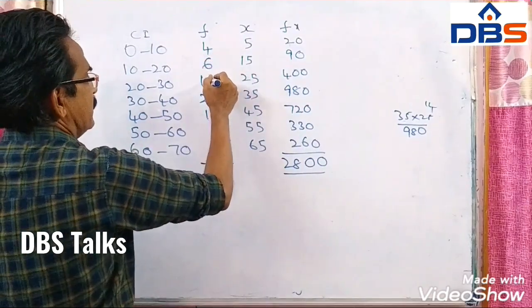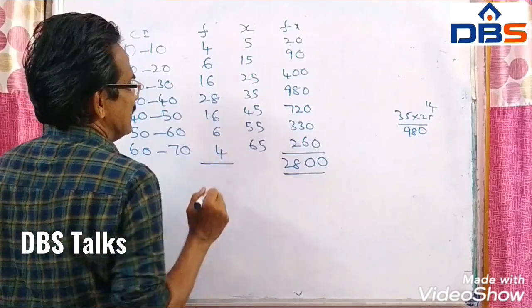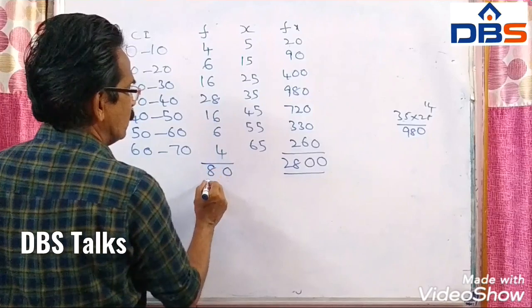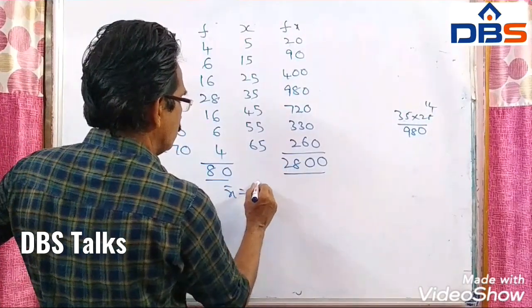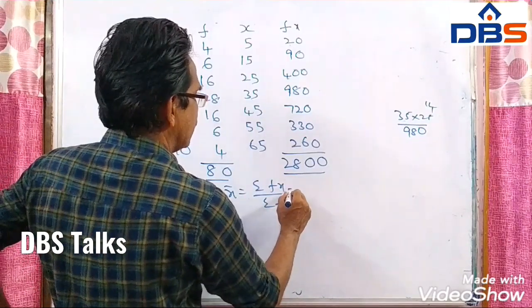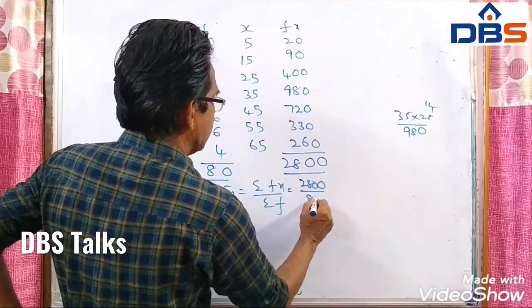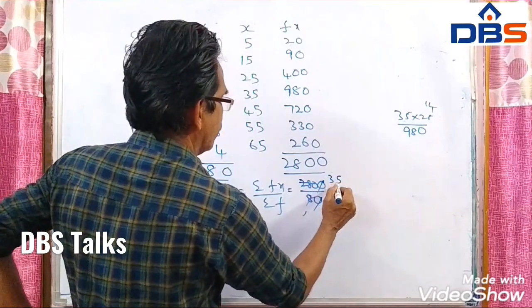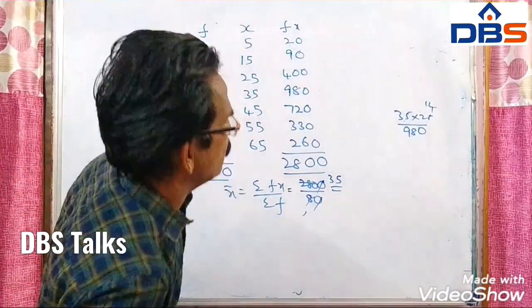Sigma f is 10, 16, 16 plus 8 is 24, 24 plus 6 is 30, plus 4 is 80. So x bar is equal to 2800 by 80, which comes to 35, friends. X bar is equal to 35.